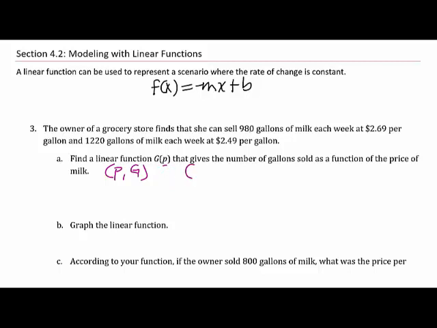The first one: price is $2.69 and the number of gallons is 980, and the other ordered pair is $2.49 with 1,220 gallons. Because we're trying to write the equation of a linear function, we first need to know what the slope of the line is. So let's use the slope formula.